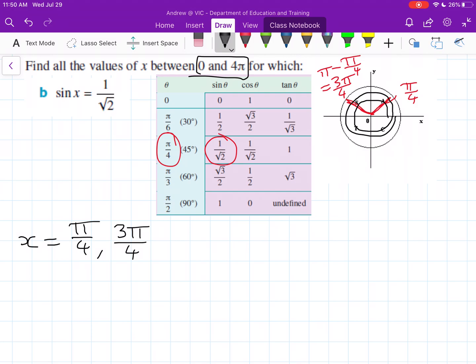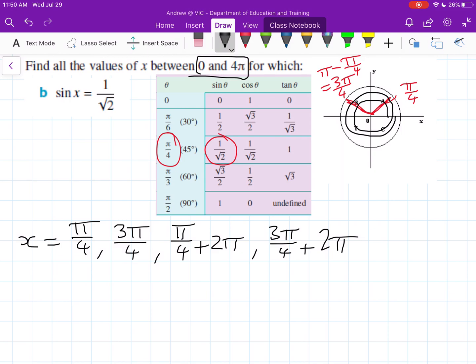So we're going to have another 2 answers here representing our pi on 4. So how we actually do this is we just get our 2 answers from before and add 2 pi on it to represent it going around the circle once. So we've got pi on 4 plus 2 pi, and then another answer is going to be 3 pi on 4 plus 2 pi.